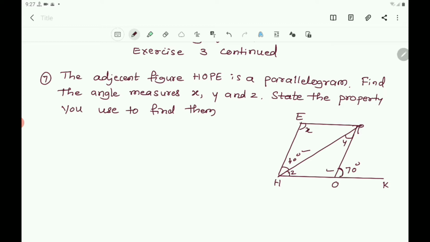You know that there is a linear pair. By using the property of linear pair, you will get the angle HOP. Write that one.